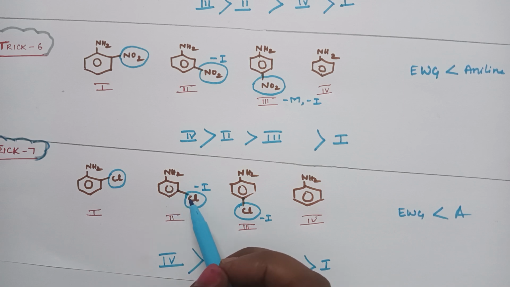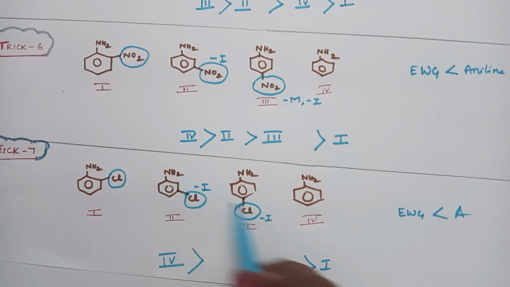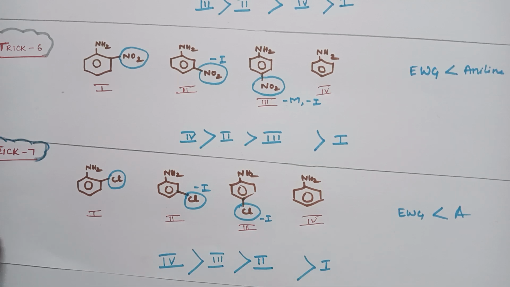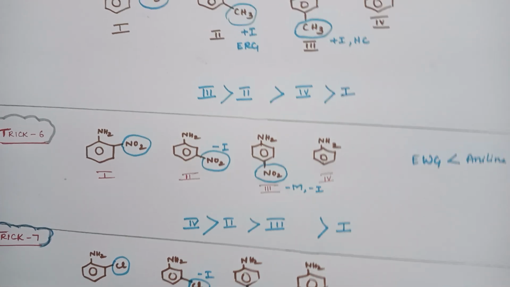The minus I effect will be more here because the distance is less. Because of this it reduces the electron density on nitrogen, making it less basic compared to this one. So this will be more basic. The third will be more basic when compared to the second one. So this is the order of basic nature.